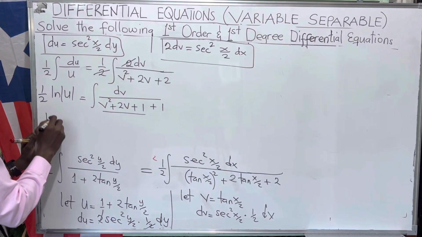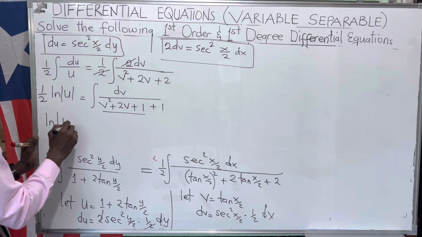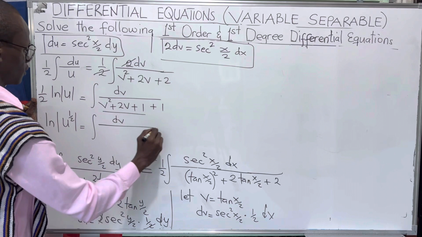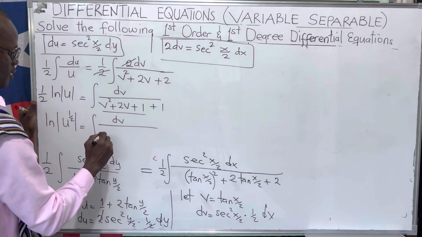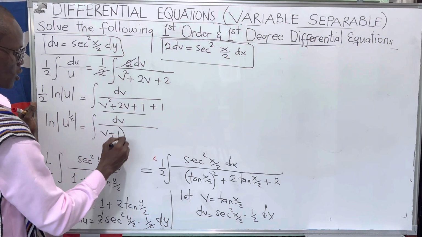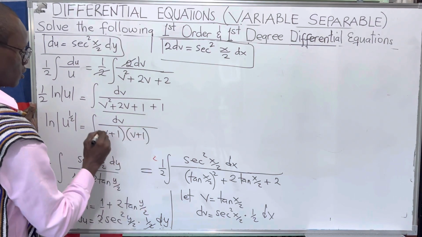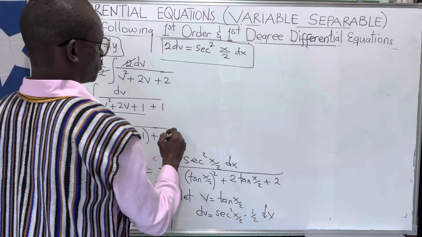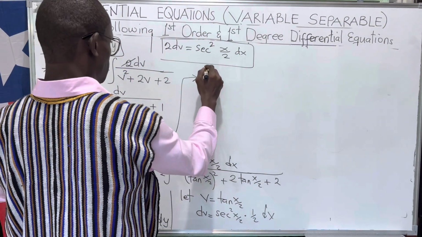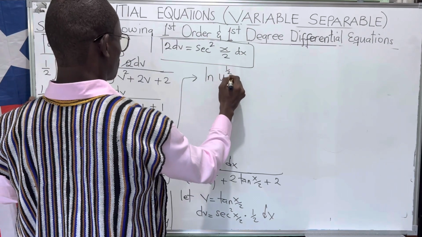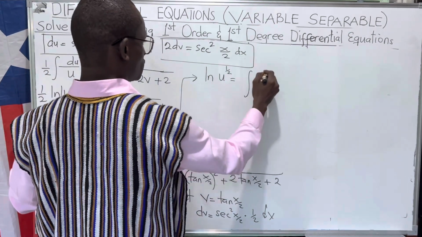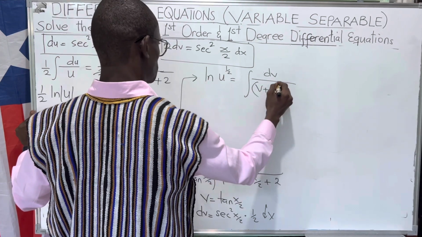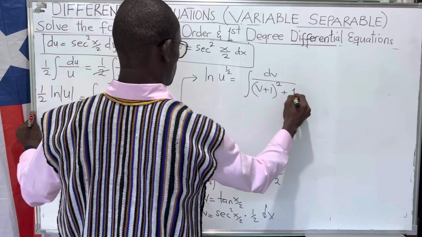So this is ln of u raised to the power 1 over 2 equals the integral of dv all over v plus 1 squared plus 1 squared.